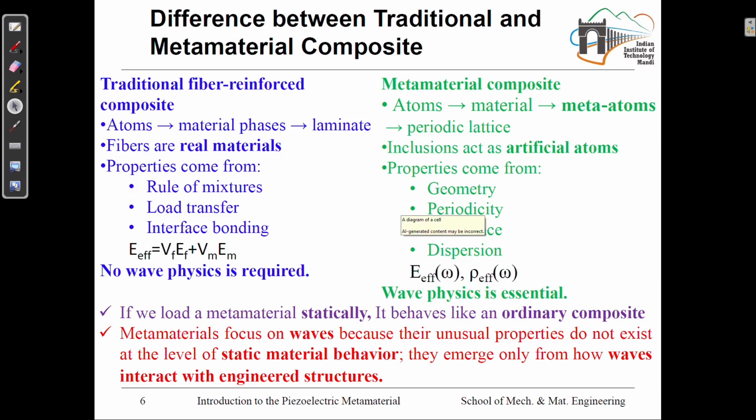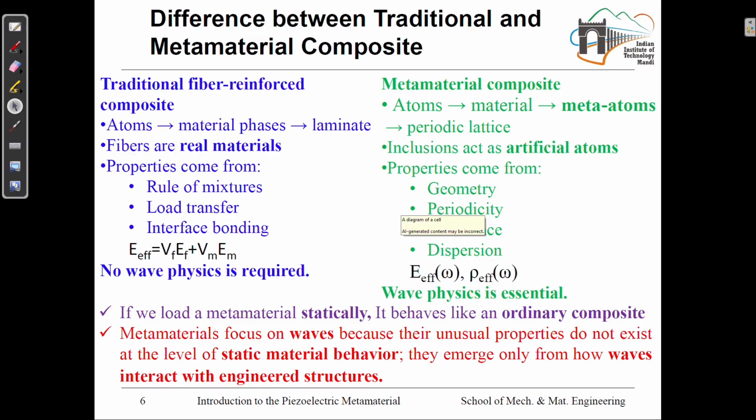The difference between traditional and metamaterial composites: as I told you in the beginning, metamaterials are composites, but they have some differences from traditional composite materials.